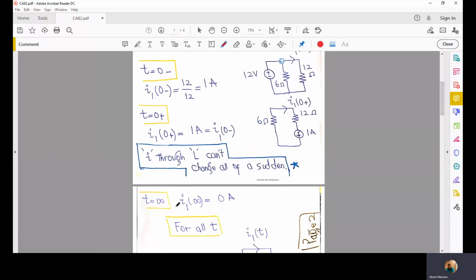At time t equals infinity, I1 becomes 0, because this current source is a temporary current source causing a current flow through this circuit only for a limited period of time.